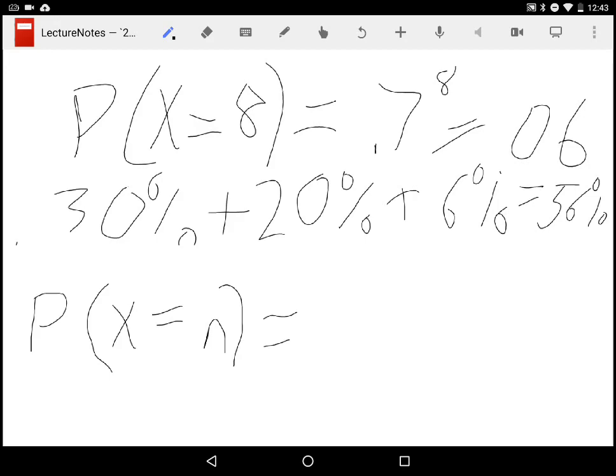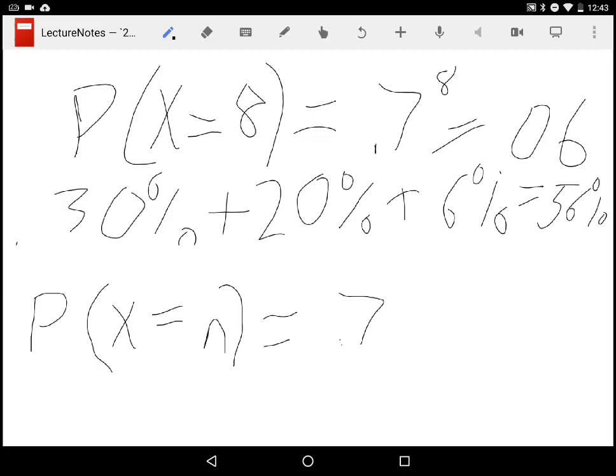Okay, so to summarize the results, you give me any number out of 8, 3, 4, whatever, and then this equation will give you the percent chance that he hits that number of free throws. So it would be this percentage he normally makes, 0.7.